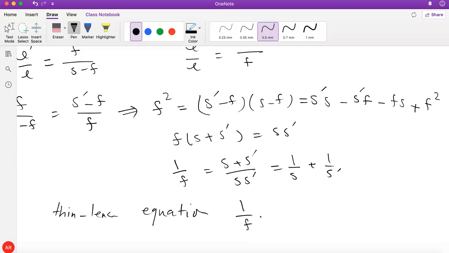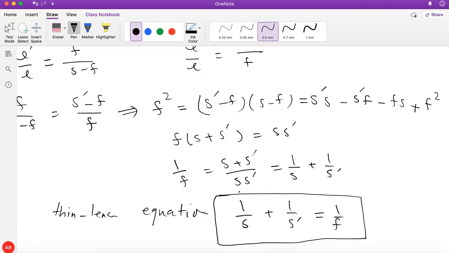Let's write it the other way: 1 over S plus 1 over S prime is 1 over F. So that's an equation that relates the distance between the lens and the object, the distance between the lens and the image, and the focal length of the lens.